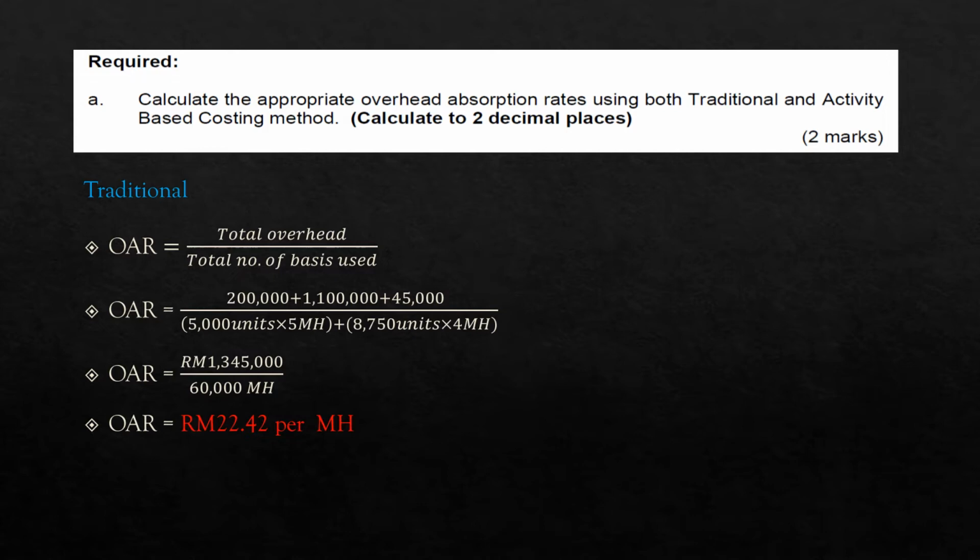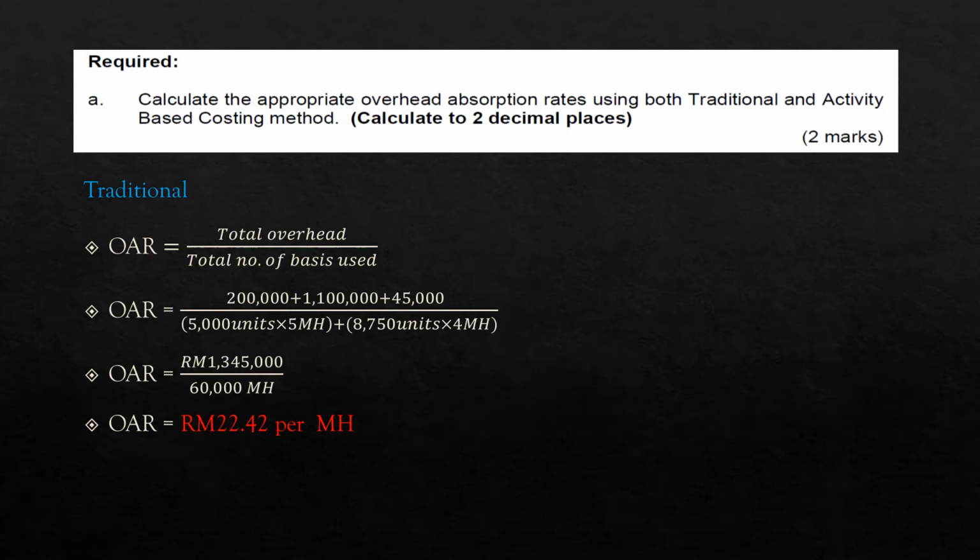The machine hour for product DM is 25,000 machine hours. That is 5,000 units multiplied by 5 machine hours. Whereas the basis for product DP is also machine hour.